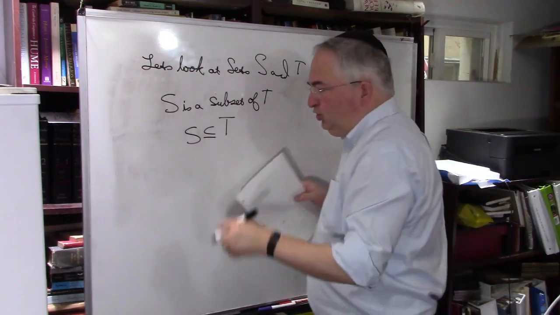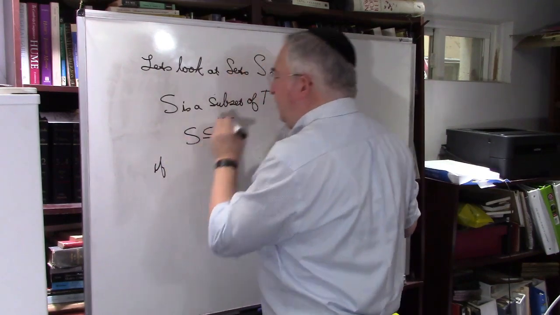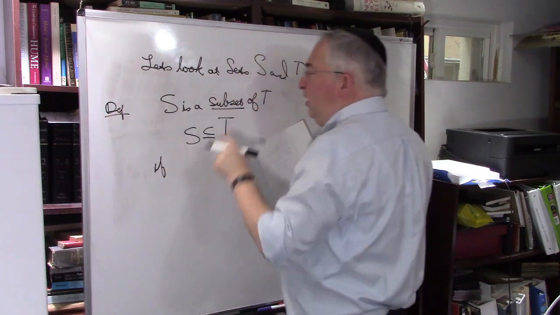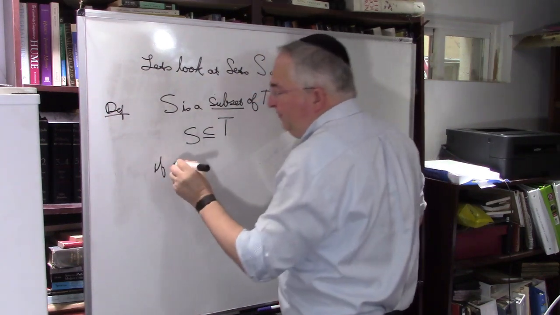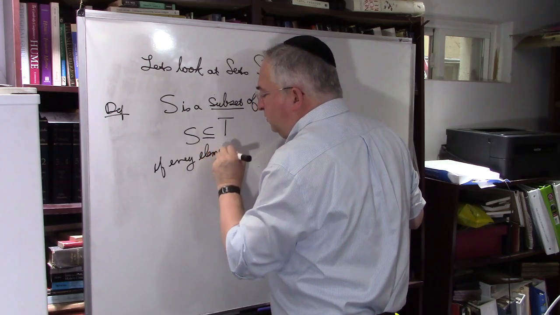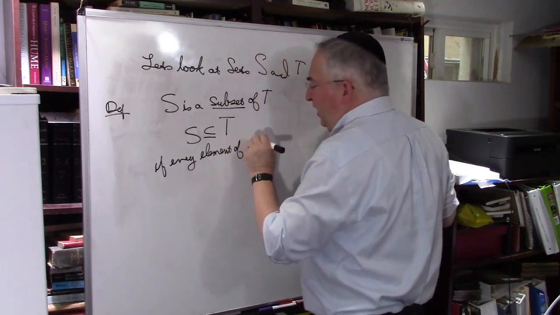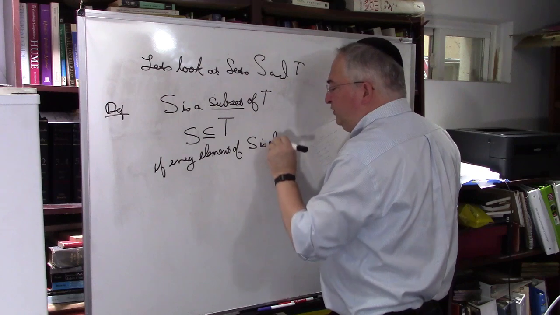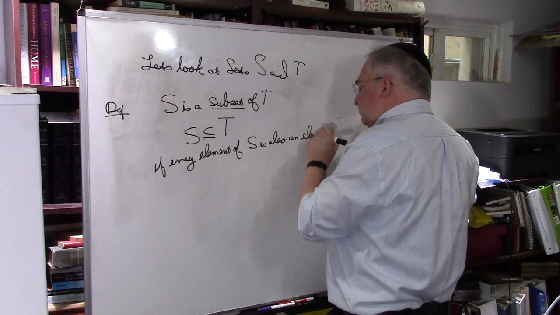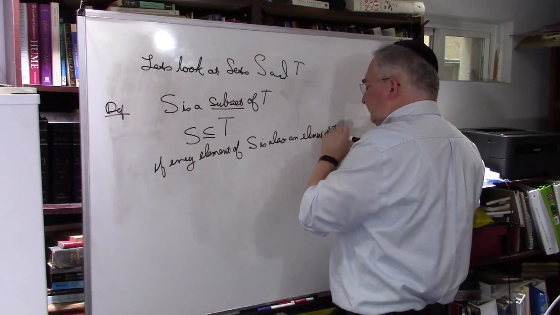And when is this true? So now we're giving a definition. What does it mean for a subset? If every element of S is also an element of T. Okay?